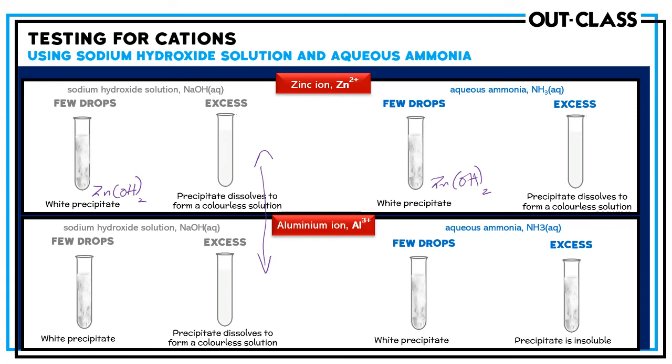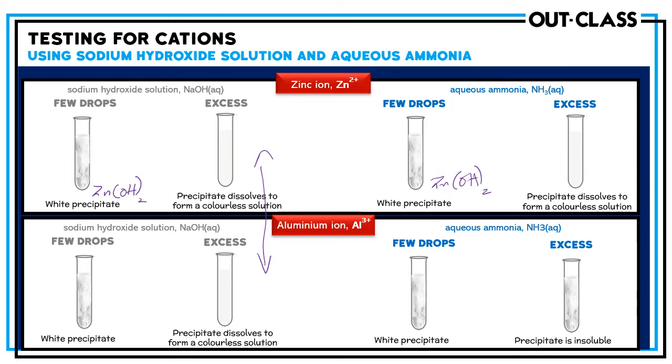In order to differentiate the precipitates of zinc and aluminium, we perform the second test, the aqueous ammonia test. For zinc, we saw a white precipitate formed with aqueous ammonia, and the precipitate dissolves to form a colorless solution.